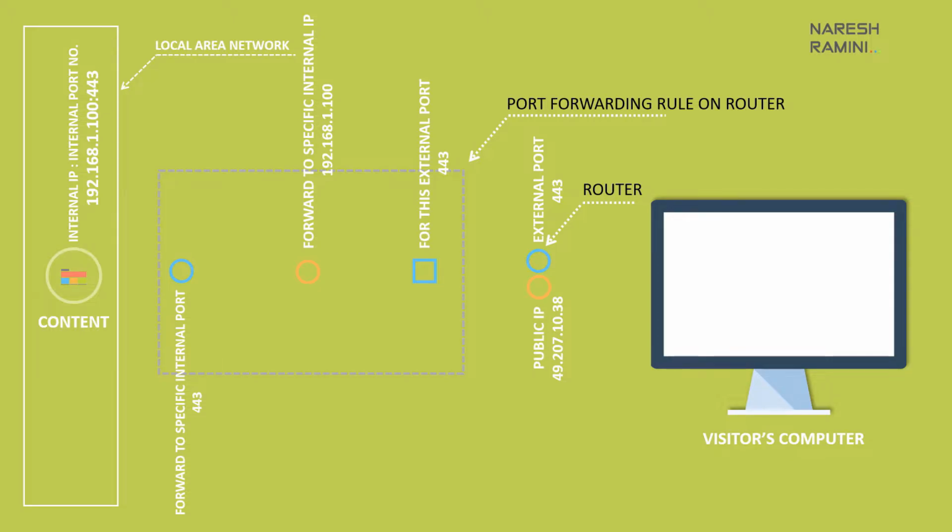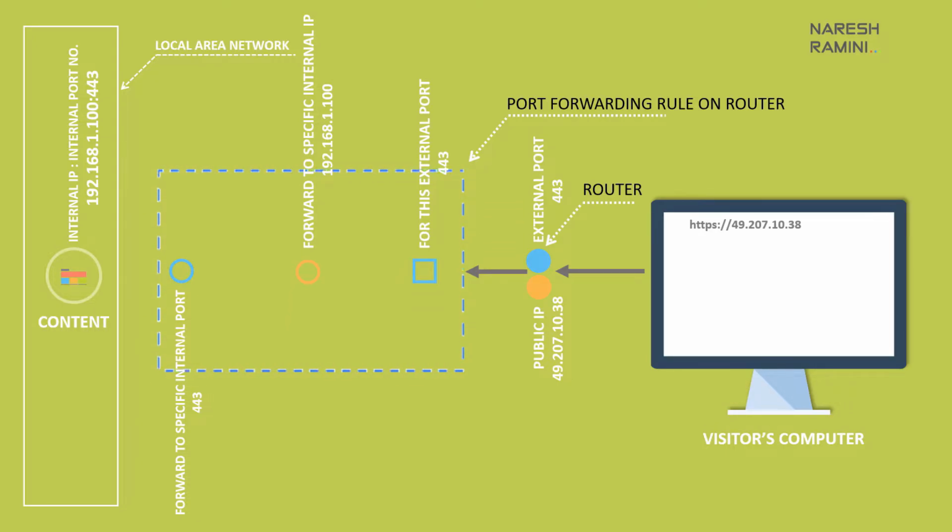When a visitor makes an HTTPS request with the public IP in their browser, the HTTPS request makes its way through the internet to the router having the public IP 49.207.10.38, and the router takes note of the port number with which the request was made. By default, all HTTPS requests are made with port number 443, and the router finds that there is a port forwarding rule defined and enabled for the request that comes in with port number 443.